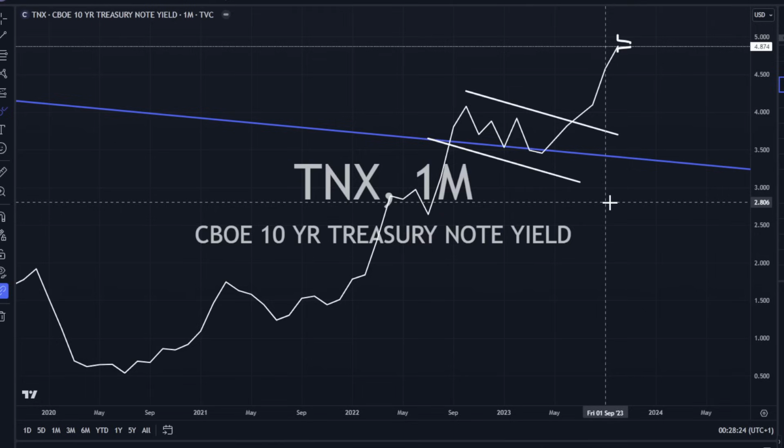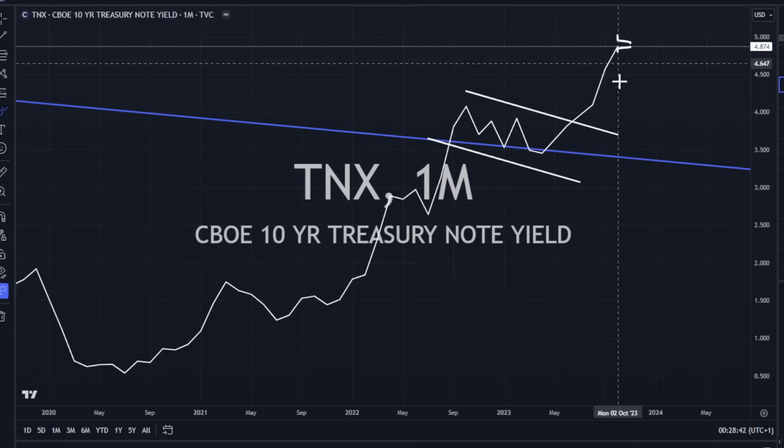Is it being disguised because of the supply and demand of 10-year and 30-year and 2-year bonds? I don't know. That I do not know. But I can tell you this. The yields are not dropping. The yields are still high.